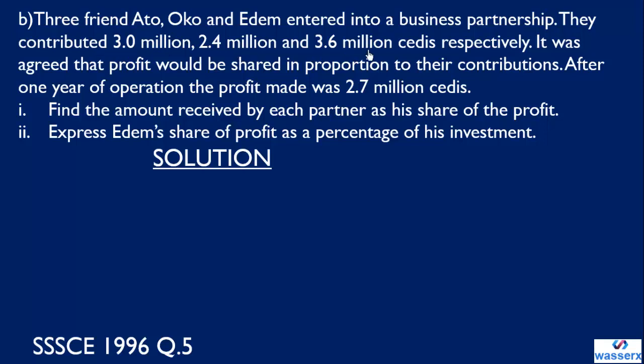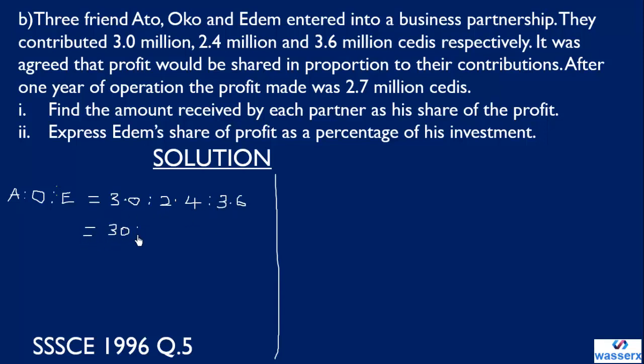So 3 friends, Ato, Oko, and Edem, entered into a business partnership, and they contributed 3 million, 2.4 million, and 3.6 million cedis respectively. So we are calculating their share of the profit. So we know the ratio is 3.0 is to 2.4 is to 3.6 in millions.